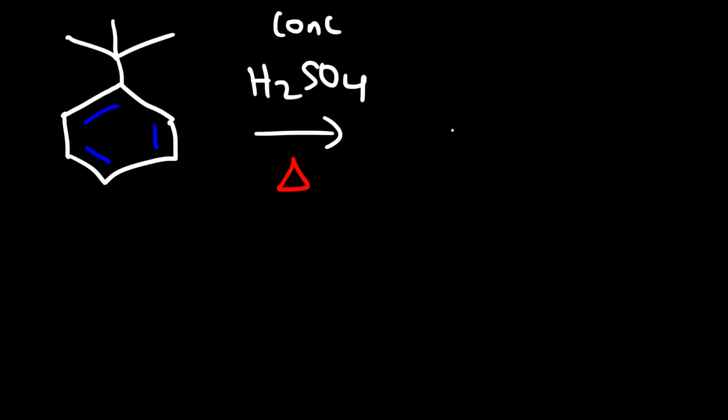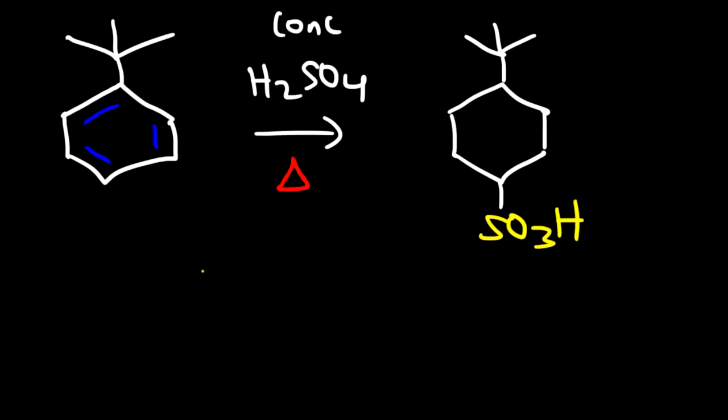And so what's going to happen is it's not going to go here because it's not accessible. At least that will be a minor product, but the major product will be adding the SO3H group to the para position because of this bulky tert-butyl group. And so after this step, for the most part, the majority of the product will be in this form.